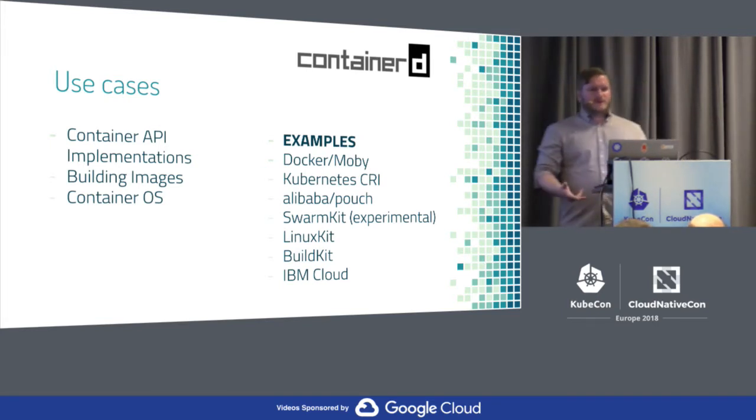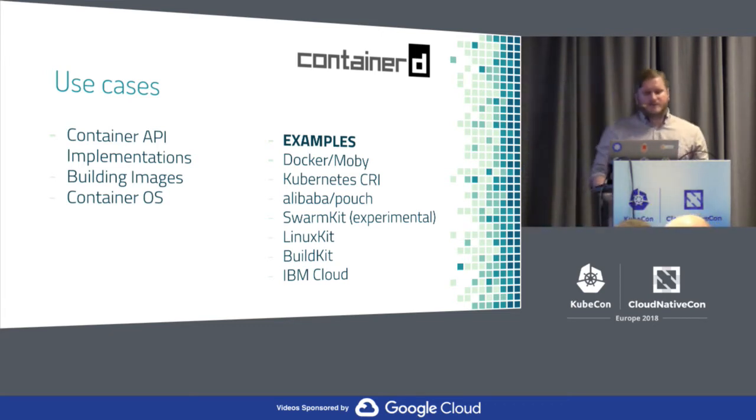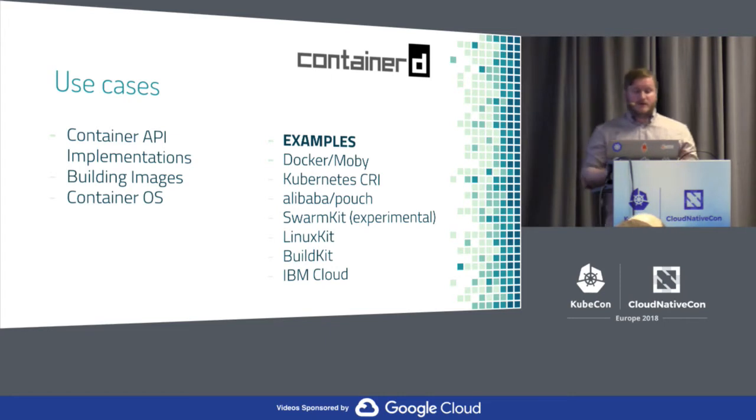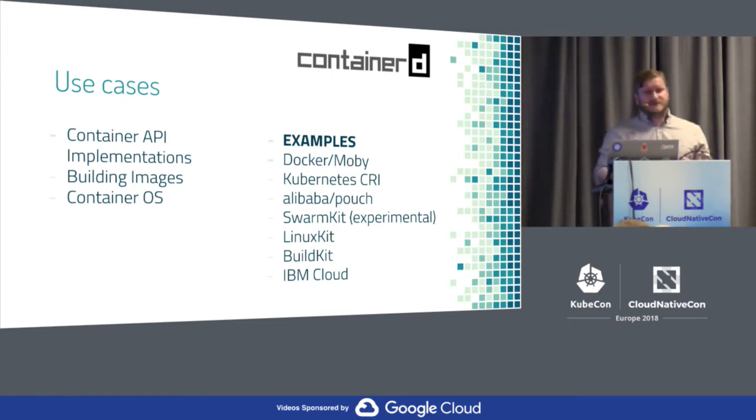The other two big use cases we were looking at, and I'm sure there's more use cases that I've left off that people can try out, are building images, which is what BuildKit does. It leverages Containerd heavily and the models and architecture within Containerd. And then there's container OS. I was trying to generalize basically what LinuxKit is doing. LinuxKit actually runs its internal services as containers, and this has been a long ask of Docker.